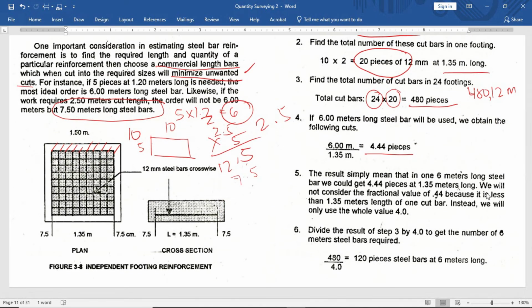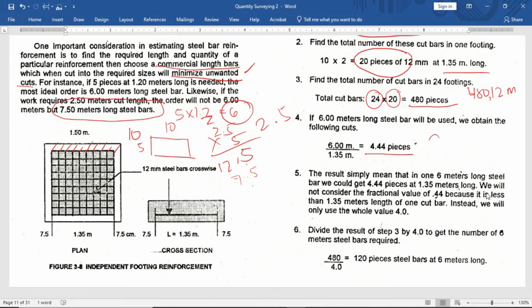The result simply means that in 6 meters long steel, we could get 4.44 pieces of 1.35 meters long.